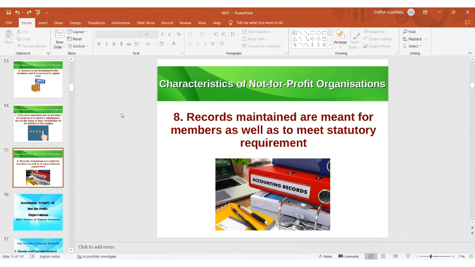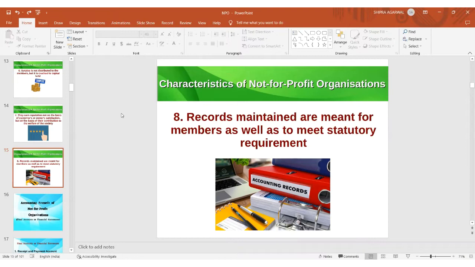Then if I talk about any particular commercial organization, you know that you have to maintain your books of records, right? And when you maintain your books of records, or maybe your financial statements, those financial statements are for your statutory requirements. No doubt even the internal people can use that, and they use it, but ultimately it is the statutory requirement.